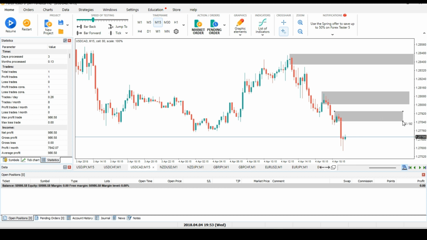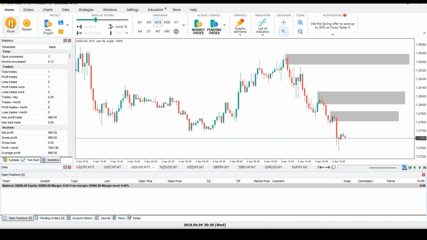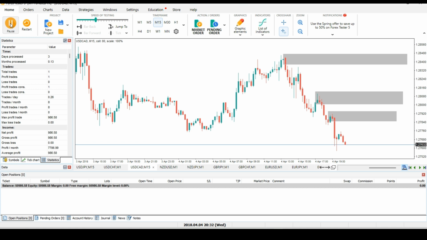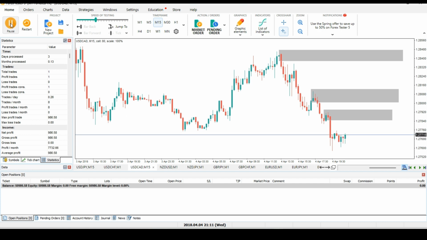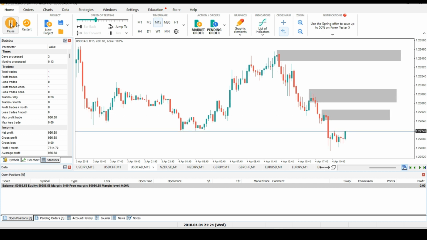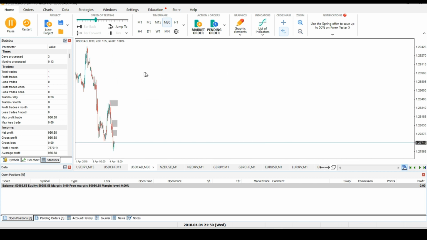The one I trust the most is the one on top right there, but we're just going to see how the market responds. Let's try to push this price so that it can move faster. So we have one trade, and let's see how many we can take.